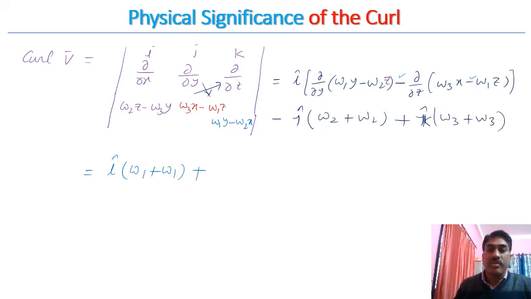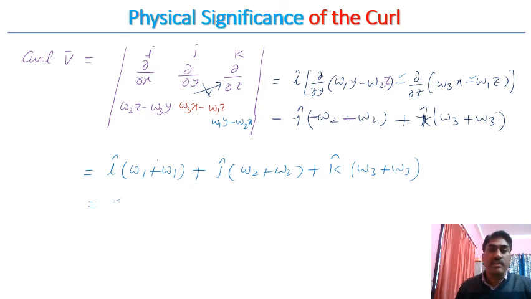So finally what we got is i omega 1 plus omega 1, plus j omega 2 plus omega 2, plus k omega 3 plus omega 3, and every component is twice.